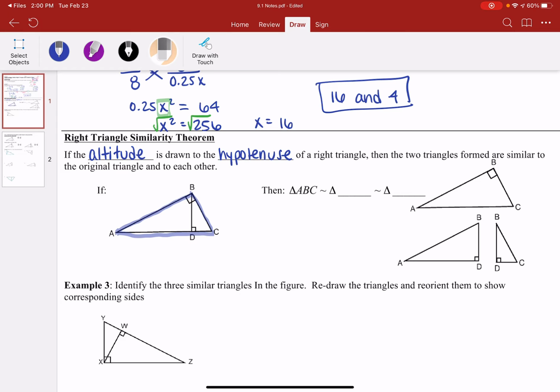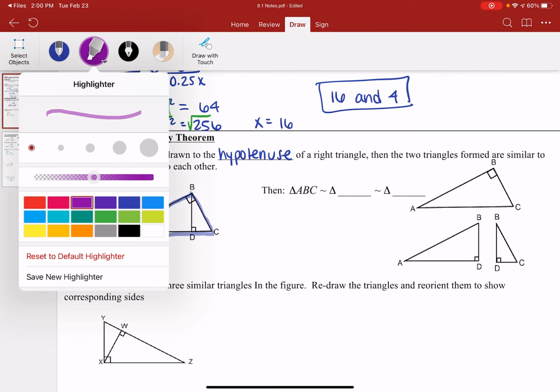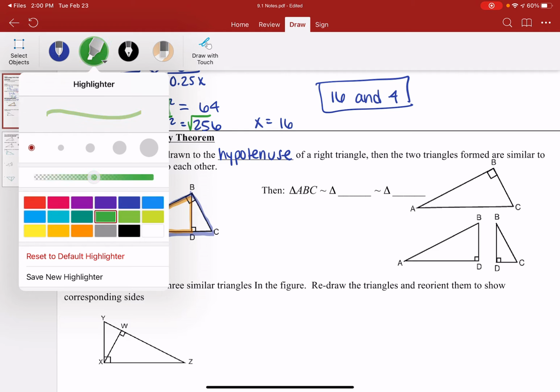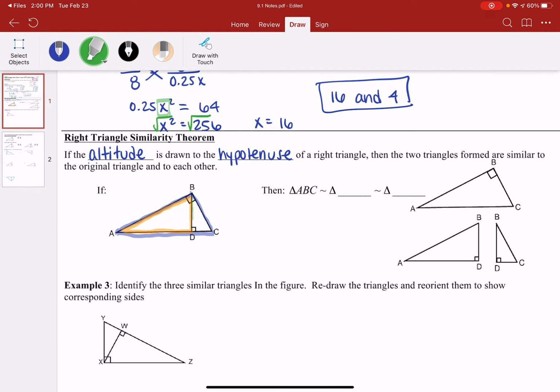Now what that does is it splits your triangle into two parts. We now have two other smaller triangles sitting inside of it. We have this kind of medium-sized triangle right here with ABD. And then we have this very small triangle right here with DBC. So our one big right triangle now has become three right triangles.